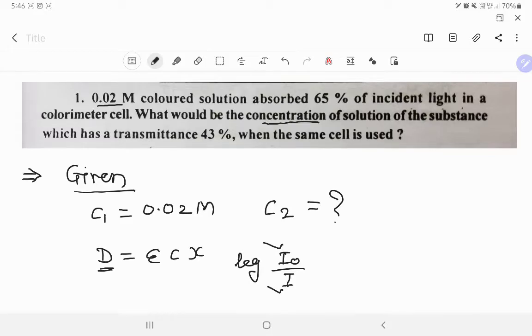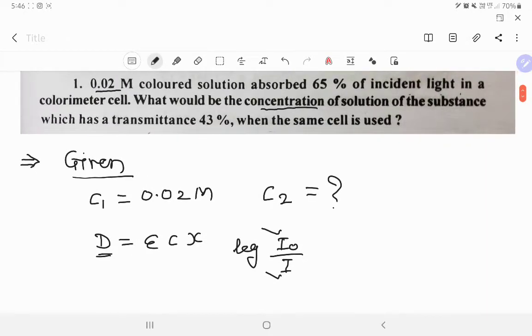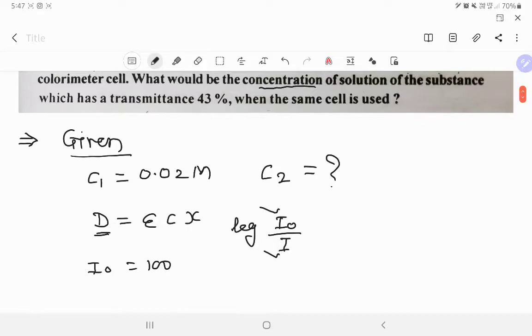Now what is given here? First of all, absorbs 65%. From that, means I0, it is given in percent, means I0 is 100. And for first experiment, I transmitted light is 100 minus 65, that is 35%.